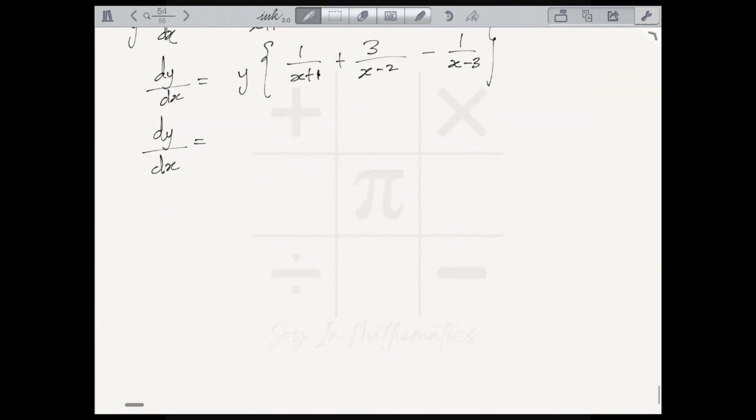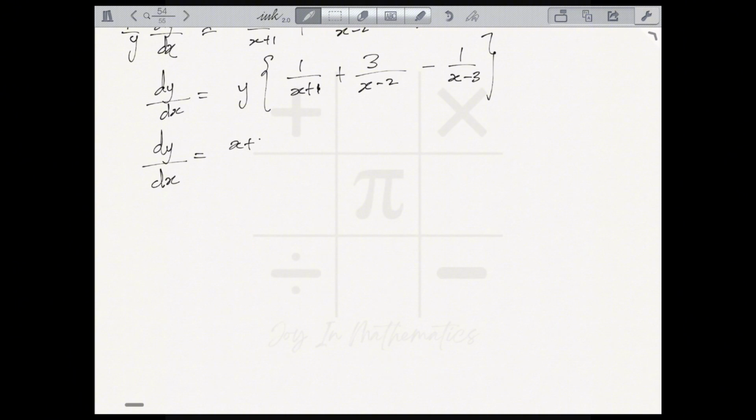So this will give us (x plus 1)(x minus 2) cubed divided by (x minus 3), everything multiplied by 1 over (x plus 1) plus 3 over (x minus 2) minus 1 over (x minus 3).